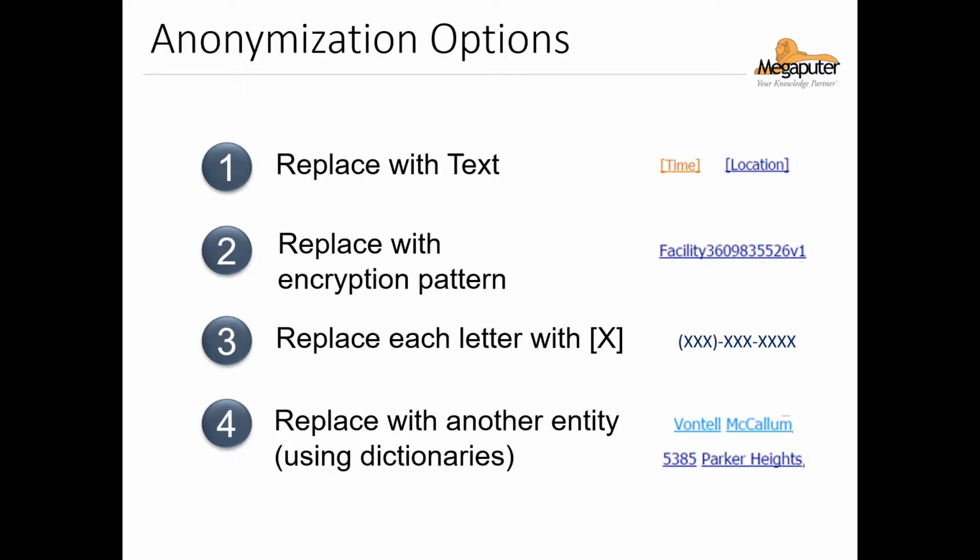We do this by using dictionaries, and that's how we can have our fake names and addresses in the previous example. Now, in order to use this option, we usually need a phrase dictionary that contains these fake names or addresses. And for anonymizing the standard people entities specifically, PolyAnalyst allows us to use its built-in human name dictionaries.